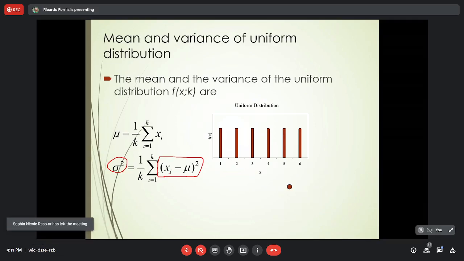We are getting the difference between the value of the random variable and the mean. This is what we call deviation. Because you square it, we call it squared deviation, and since you are summing it up, we call it the sum of the squared deviation.